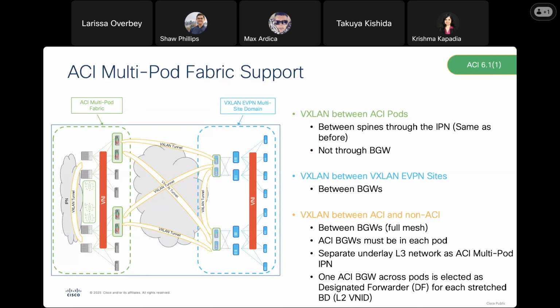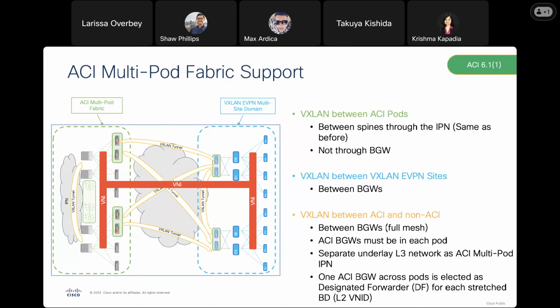This will continue to work just as it is without needing the border gateway. So that functionality will still be done. But when we're communicating and connecting with the NXOS VXLAN, we'll then end up using that border gateway, and we'll be able to extend that VNI over the VNIs over to the other VXLAN fabric.